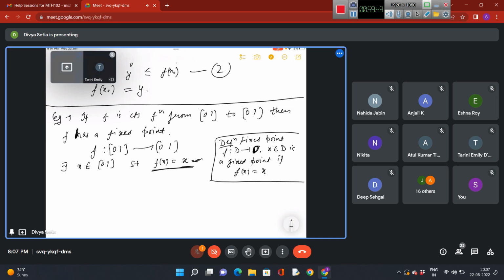Any idea? What should I start off with? It's just a two-line proof, a direct application of the intermediate value theorem.